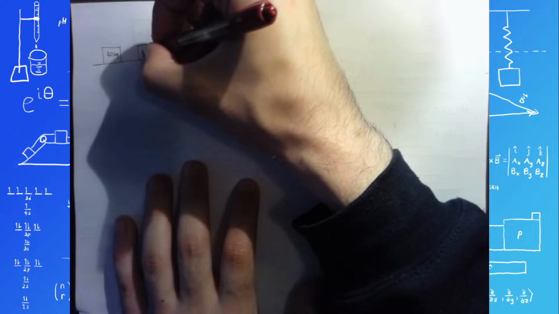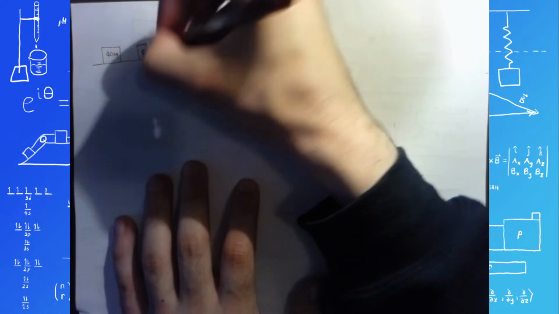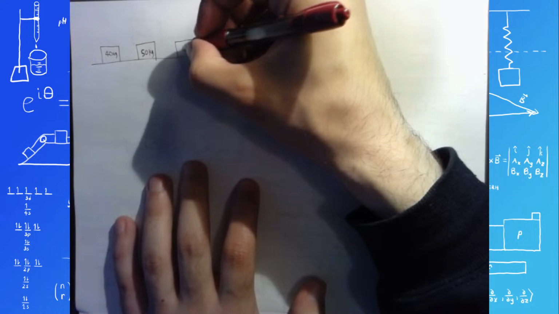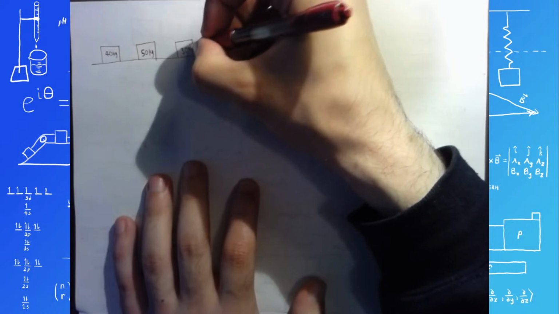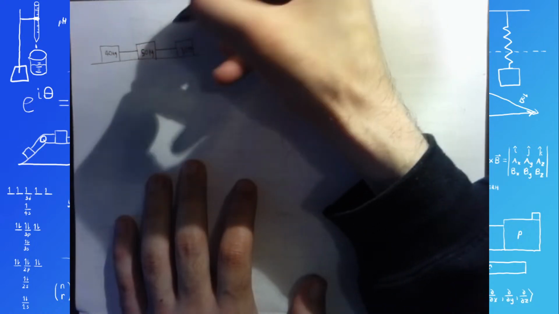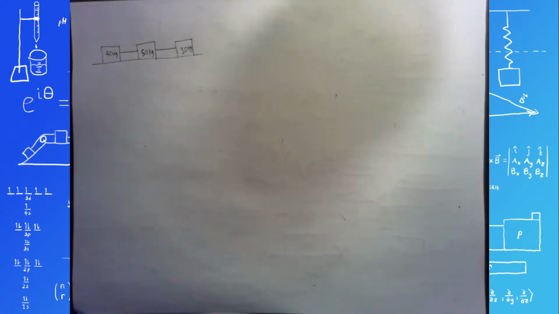Wow, that was a very weird looking 5. I think I saved it. And 30 kilos, and they're connected by ropes. And there's an overall applied force of 180 newtons.